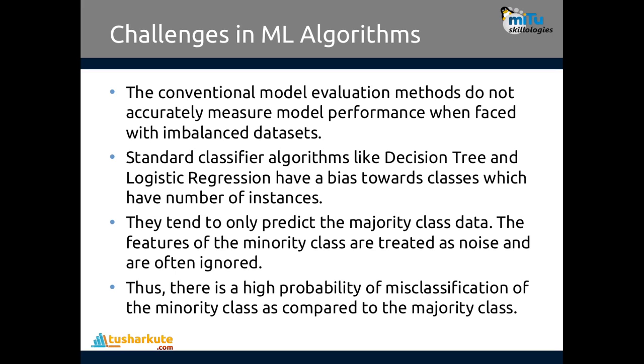The number of observations is more, so the accuracy of that class is more, means the recall of this particular class will be more. So they tend to only predict the majority class data. The features of the minority class are treated as noise and often ignored. This is a very strange thing that we observe in machine learning. Thus, there is a high probability of misclassification of the minority class as compared to the majority class.